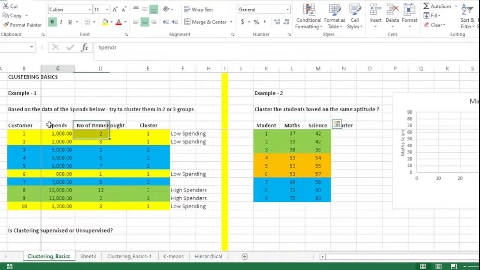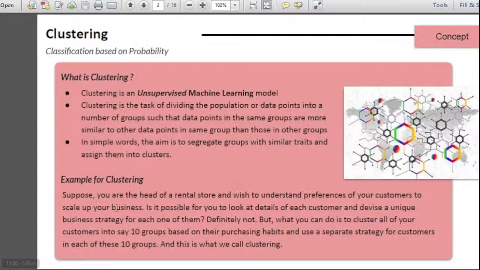No, right? None of them is dependent or independent. It's just some data is given, and then based on the data, the algorithm starts to cluster them. So as such, there is no labeled dependent and independent data. So it is an unsupervised learning model.